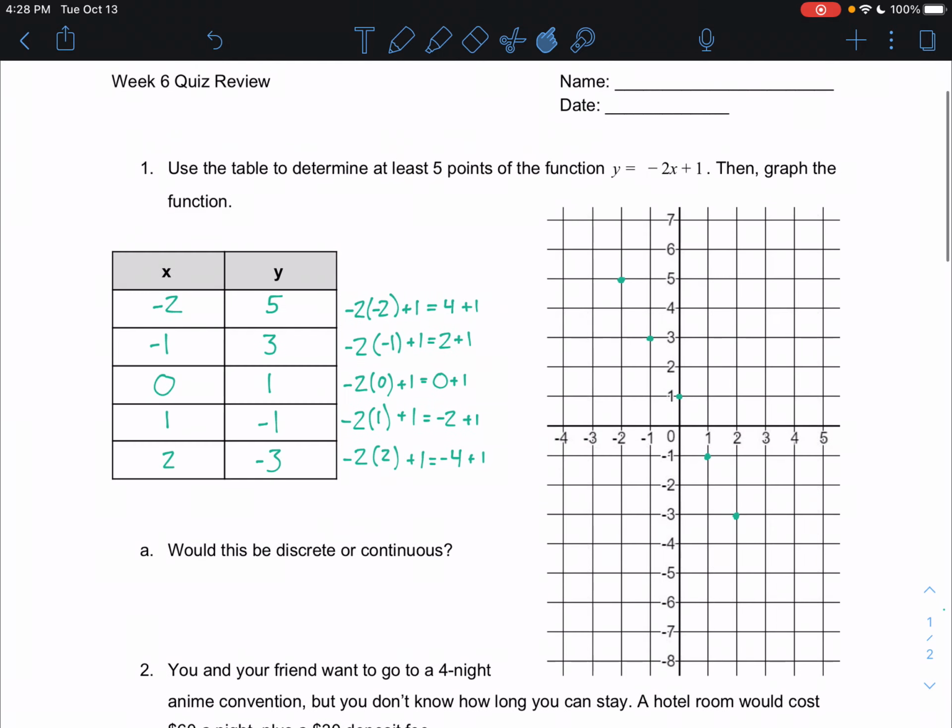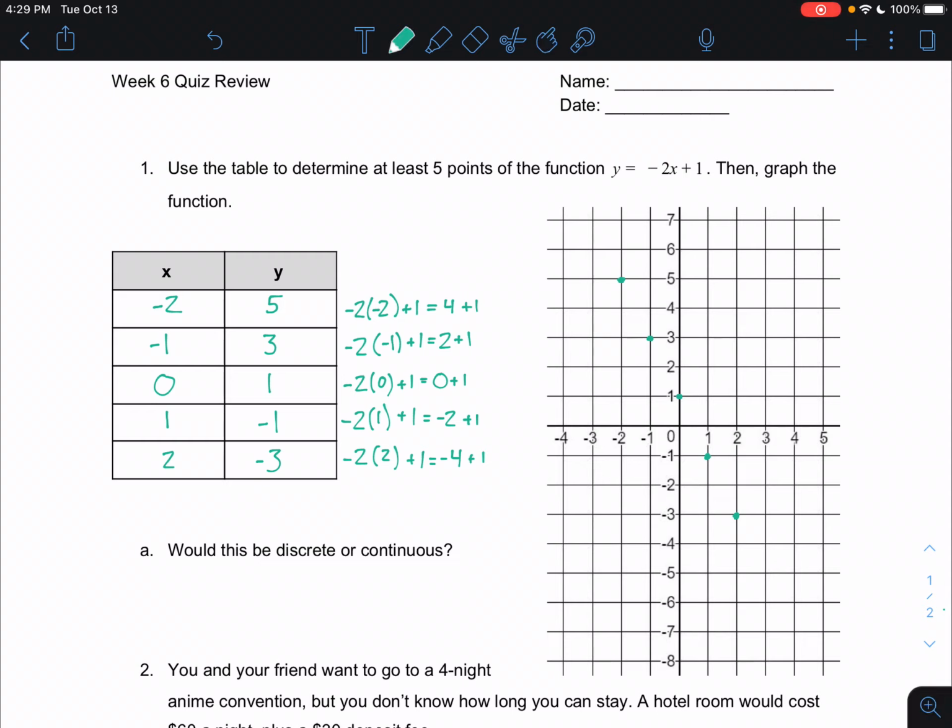So with this one, it didn't specify the domain. I chose my domain. I chose negative 2, negative 1, 0, 1, and 2. But it didn't tell me I had to do that. It didn't say there was a restricted domain. It just said to determine 5 points on that function.